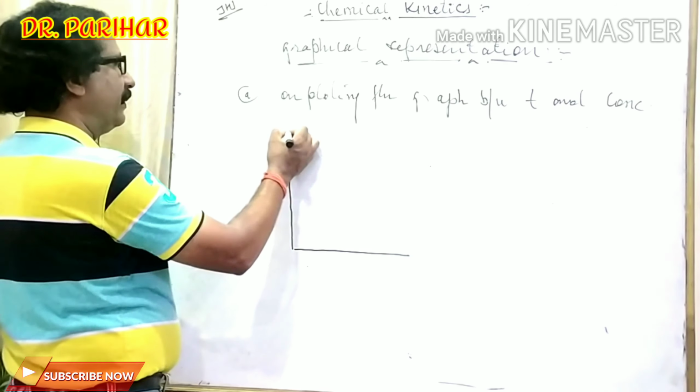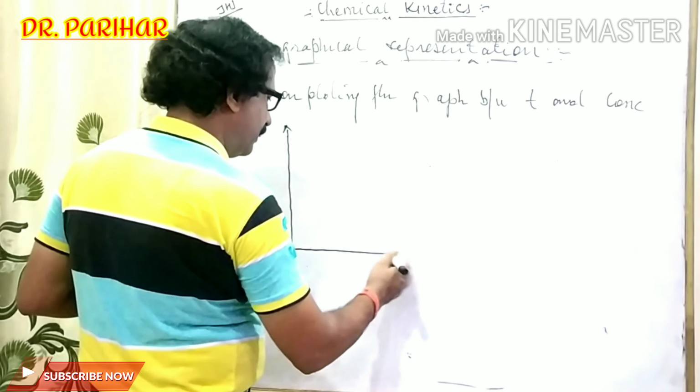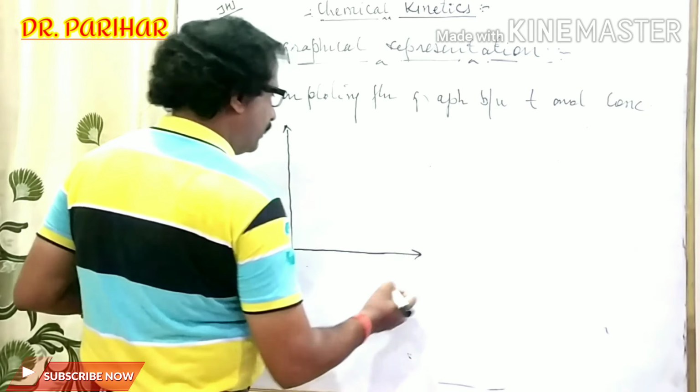See, this one is the x-axis. Along the x-axis we have taken time, and along the y-axis we have taken the concentration of reactant.